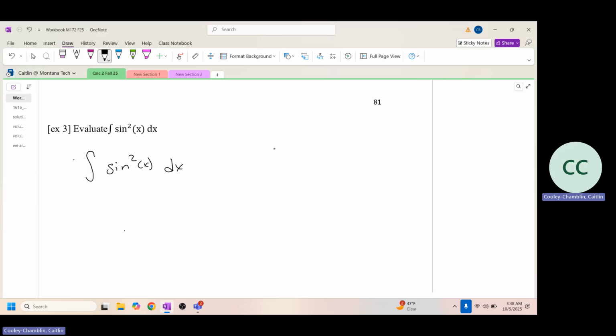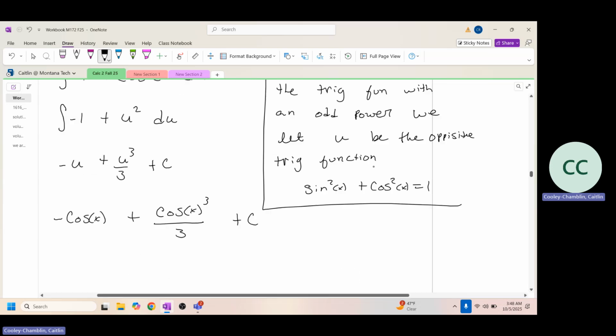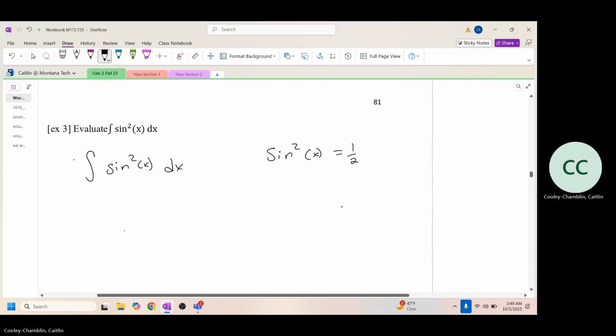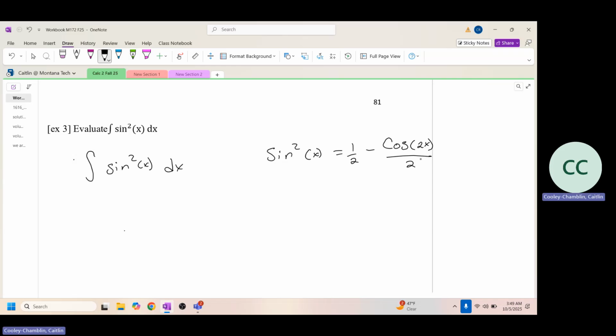So we know that sine squared x is 1/2, and I can never remember if this is plus or minus, so I'm going to go back up here. It's minus. So minus cosine of 2x over 2. So that's our identity. I'm going to rewrite this. So I get the integral of 1/2 minus cosine of 2x divided by 2 dx.